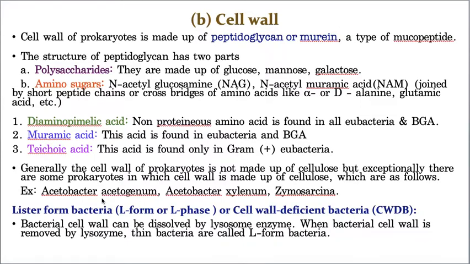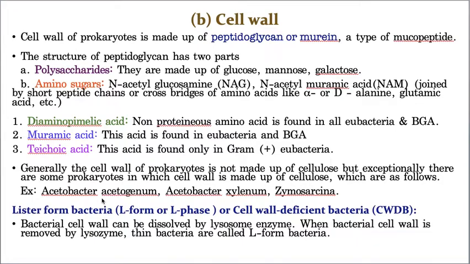Along with the polysaccharides you can also see amino sugars. Very important question. The amino sugars present in peptidoglycan: the first one is N-acetyl glucosamine, very simply NAG. And the second amino sugar is N-acetyl muramic acid, NAM.